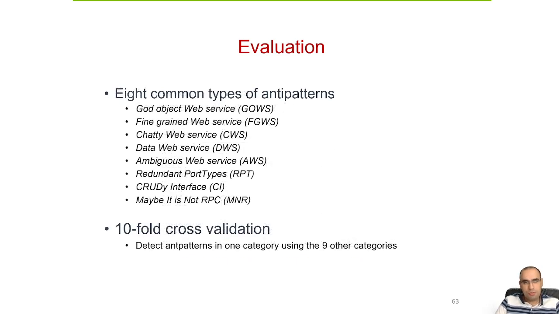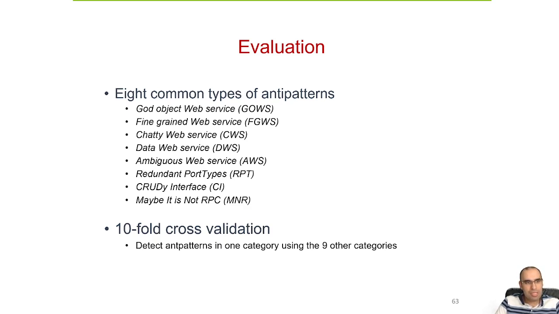We also considered various types of anti-patterns like the God object web service and the fine-grained web service that I described earlier. We also considered the chatty web service, which is a web service with a high number of operations that are typically attribute level, like setters and getters. This anti-pattern may also have fine-grained operations which degrade the performance and lead to high response time.